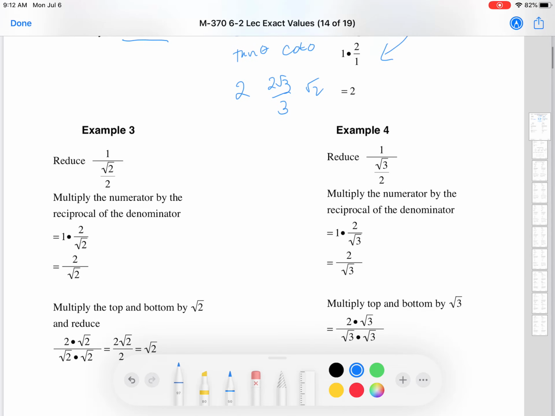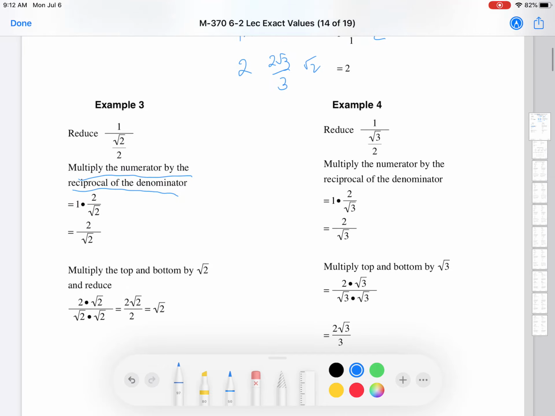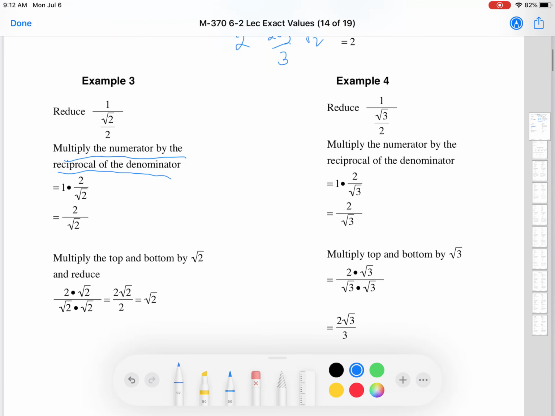Let's look at example 3. Example 3 wants us to take 1 and divide it by root 2 over 2. So we know what to do. We're going to multiply the numerator by the reciprocal of the denominator. When we do that, we get 2 over root 2. Now, we cannot leave it like that, because there's a square root on the bottom, and ever since you learned it back in, well, where would it have been?